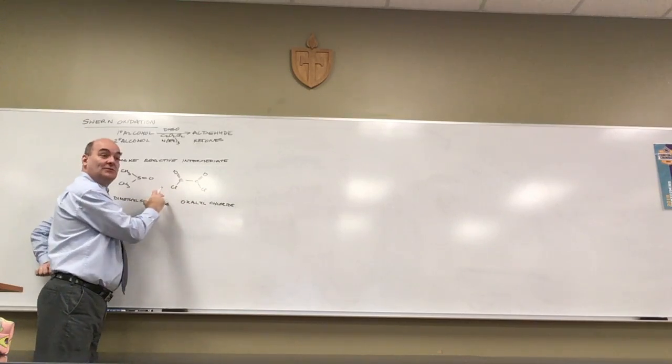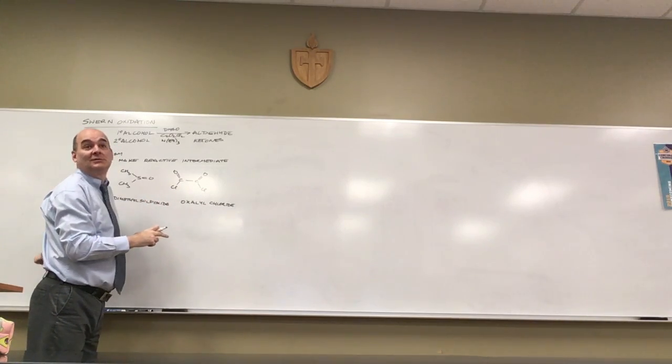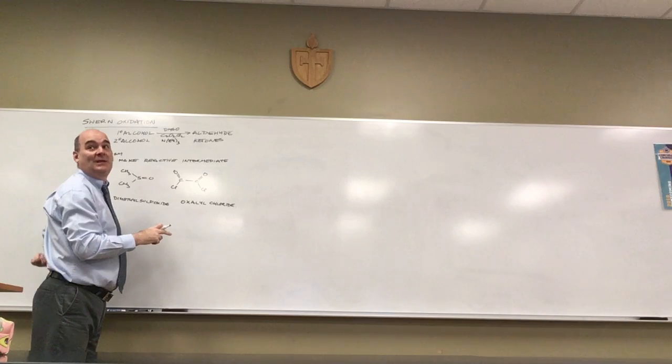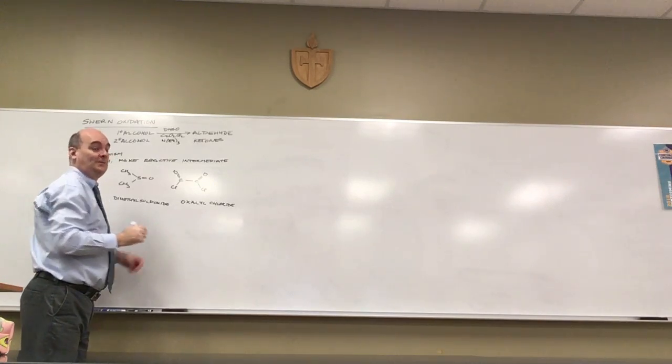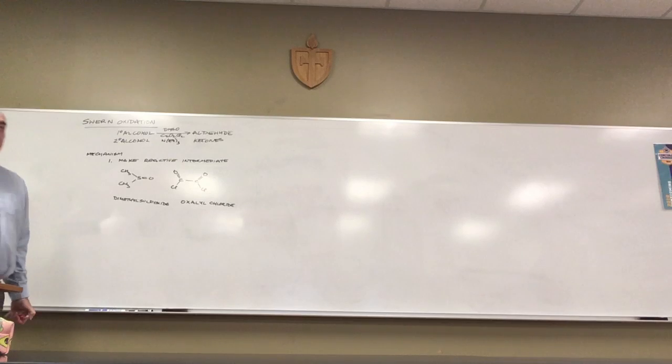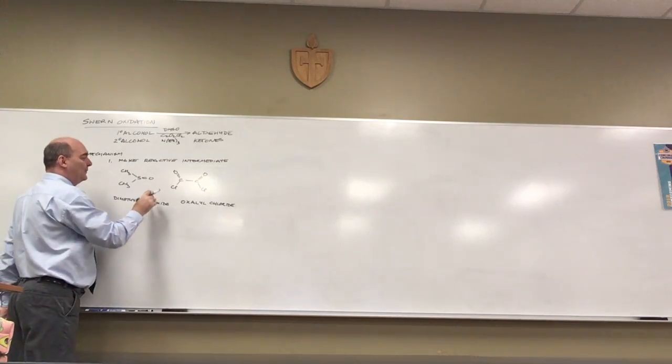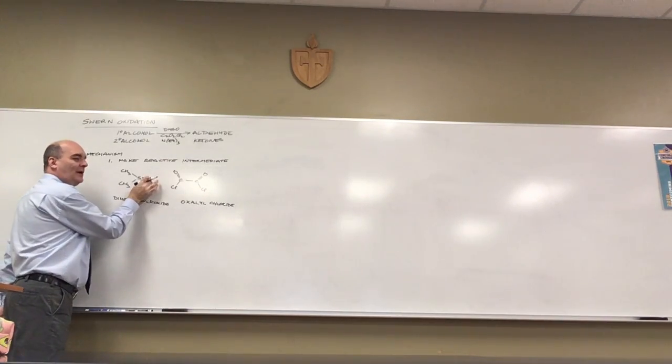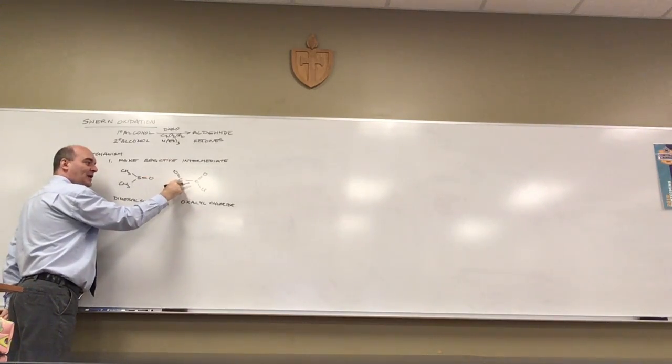What about the Cls? Oh, those are leaving groups. We build them in on purpose to be leaving groups. Okay, so glad that we can see the leaving group. My nucleophile is right here. My electrophile is right there.